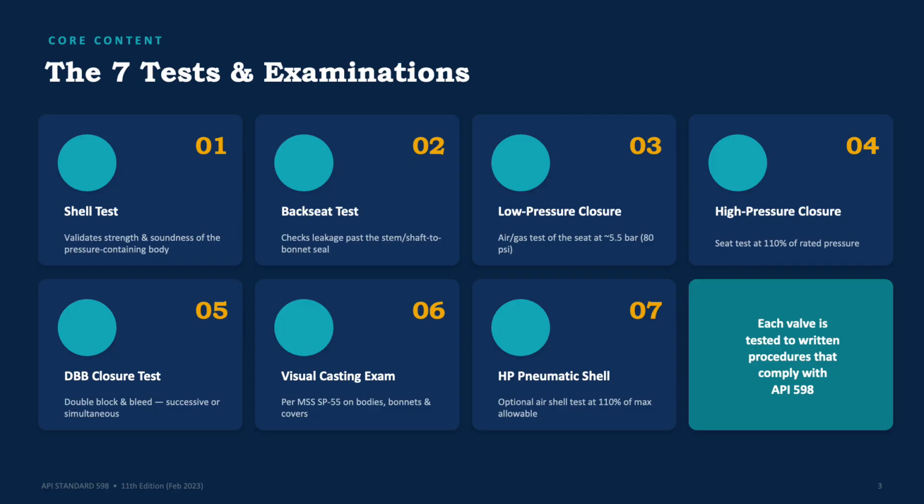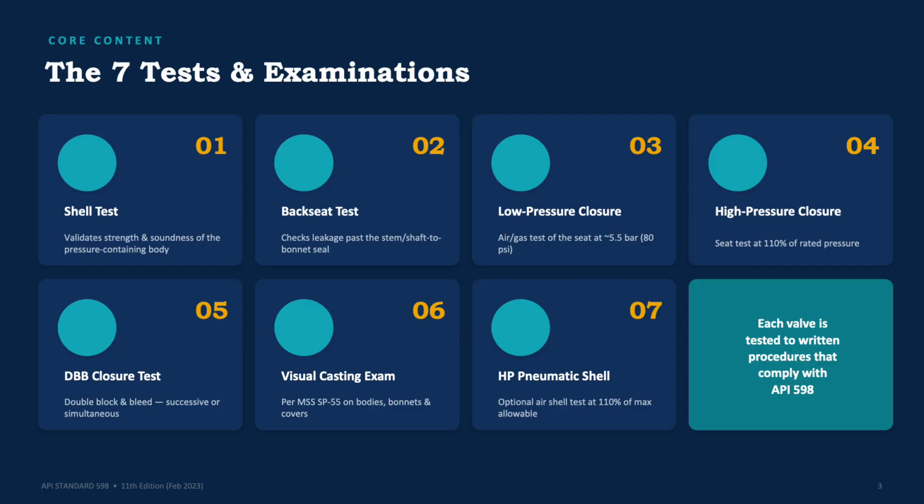So there are 7 tests and examinations. The shell test validates the strength and soundness of the pressure containing body. Second is the backseat test, which checks leakage past the stem and shaft to bonnet seal.